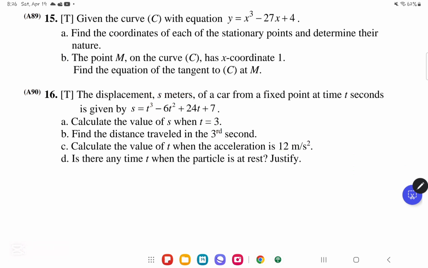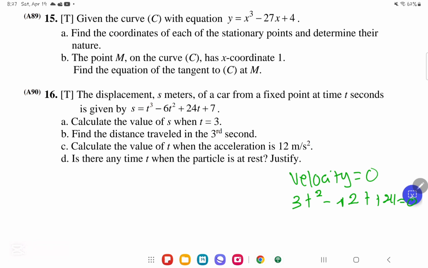We move on to part D. Is there any time t when the particle is at rest? Justify. What do they mean when the particle is at rest? This means that its velocity is equal to 0. So let us find its velocity by doing the derivative. You're gonna get 3t squared minus 12t plus 24, and you make this equal to 0.